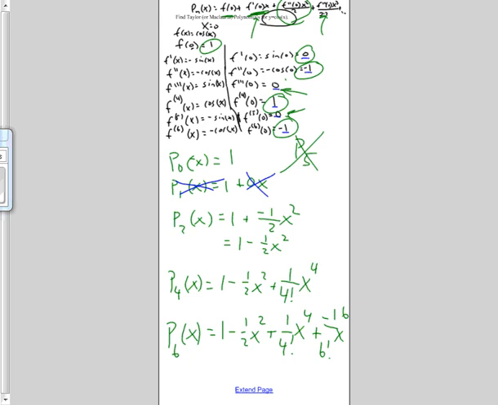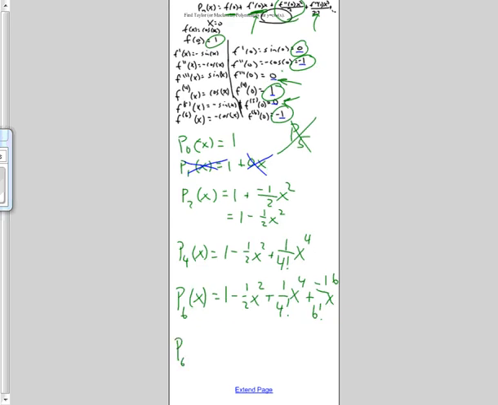Simplifying, P of 6 of x equals 1 minus 1 half x squared plus 1 over 4 factorial x to the 4th minus 1 over 6 factorial x to the 6th. And this is just going to oscillate back and forth. The next one would be plus 1 over 8 factorial x to the 8th minus 1 over 10 factorial x to the 10th, and then plus and minus, increasing in the same way.